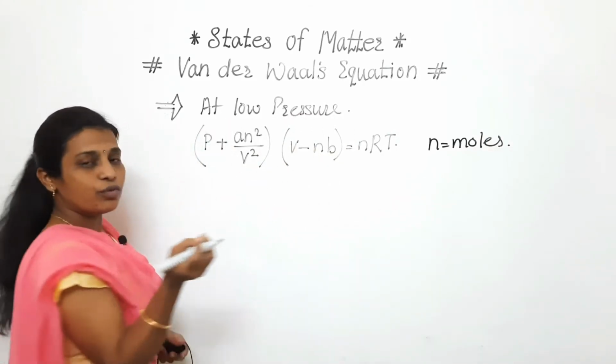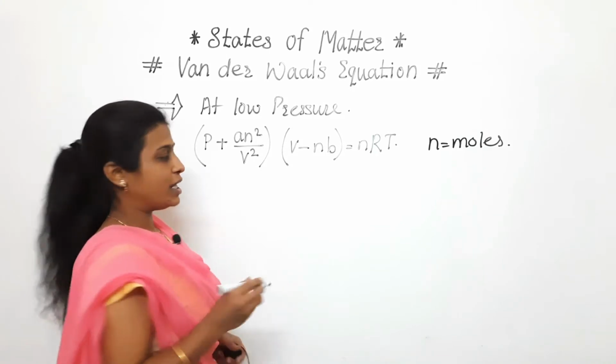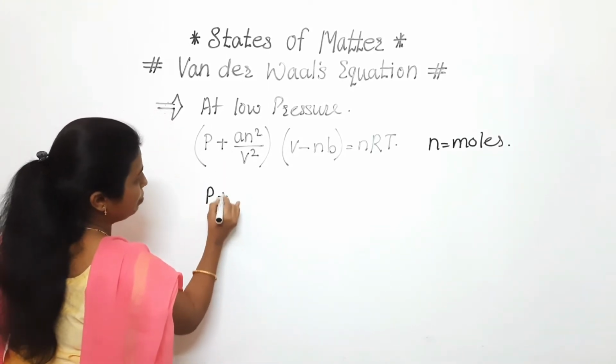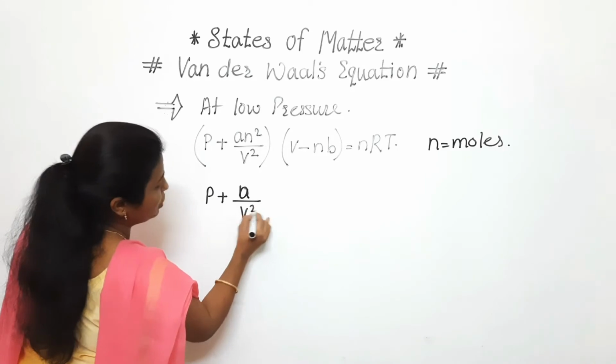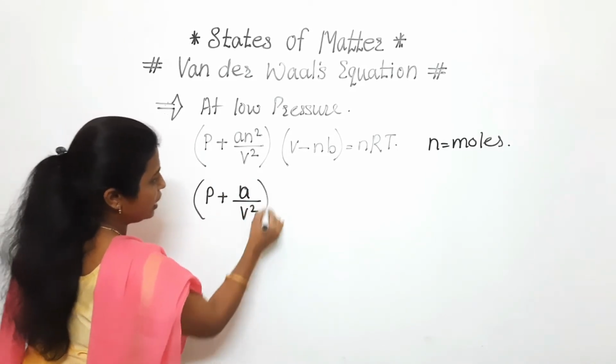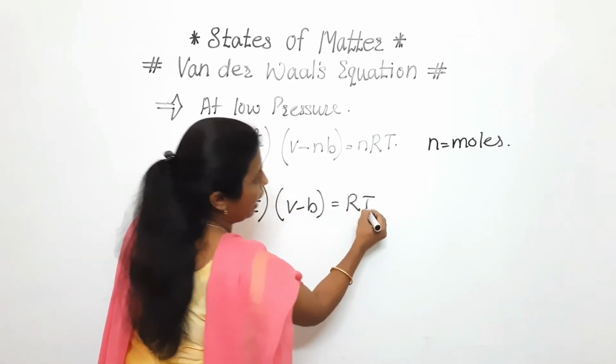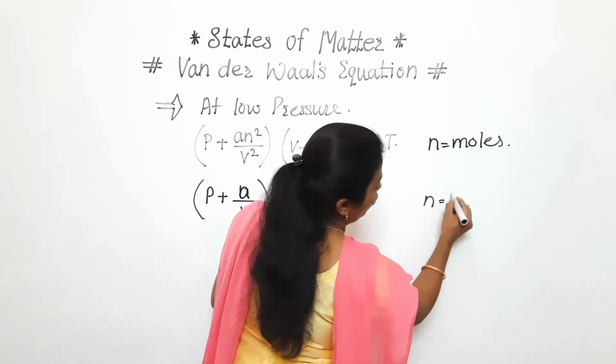Now if we want to write the van der Waals equation for 1 mole of the gas, it will be (P + a/V²)(V − b) = RT. That is the equation for 1 mole.